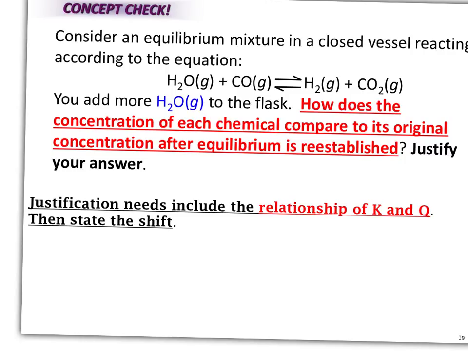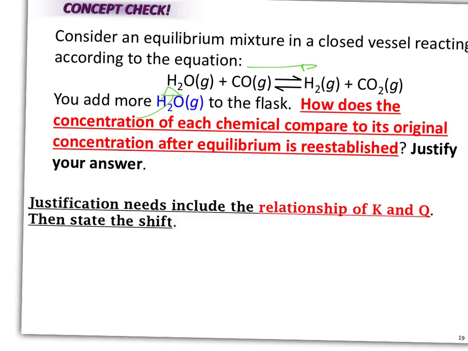So first of all, let's talk about the understanding of just what they've done to the reaction itself. How have they thrown the reaction off exactly? They've added more reactant. So according to Le Chatelier, it will get us into K versus Q. If we've added a reactant, how do you shift from an addition? Away. So according to this, we know that we're going to add here, so we're going to shift towards the products.